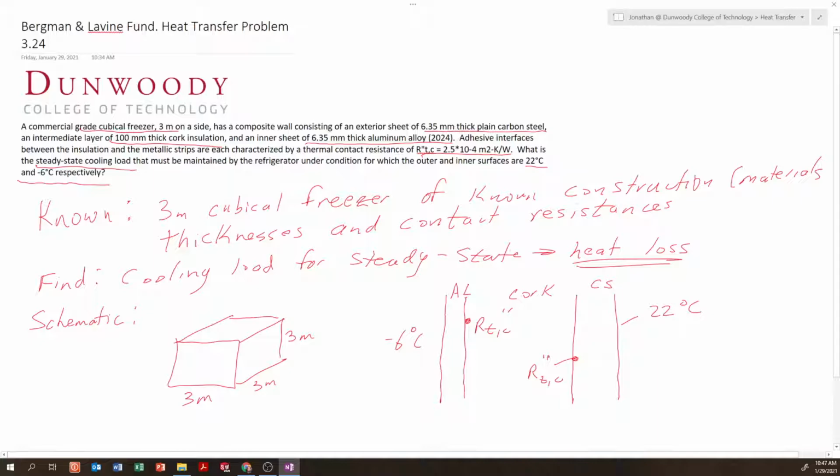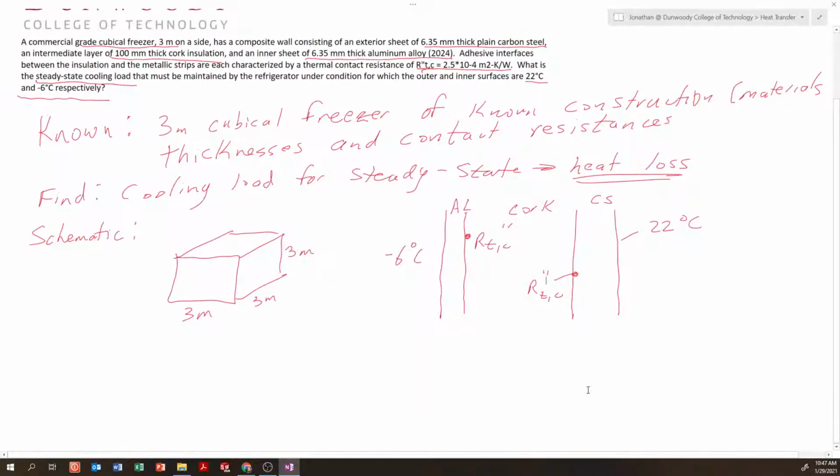So if I'm drawing a thermal circuit for this guy, we know this is the surface temperature there, is that value. It's not the air temperature. And actually in this case I think we're assuming that the air temperature and the surface temperature are the same. We don't know anything about convection at this point.